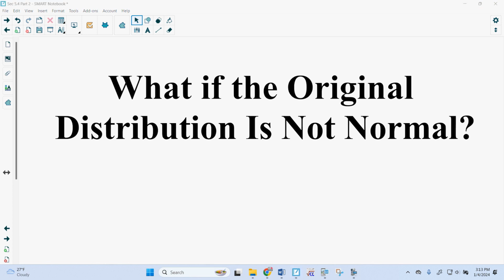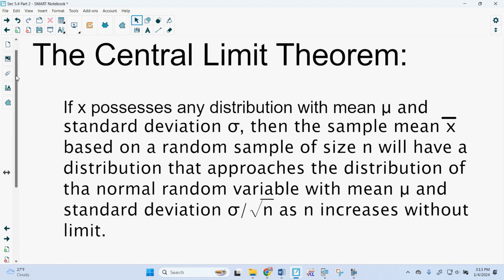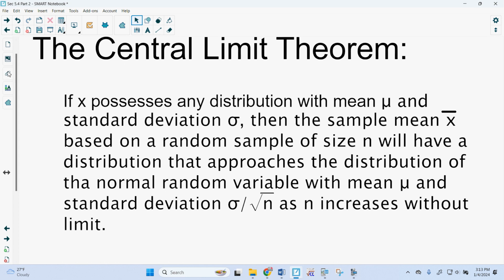And this is where our central limit theorem comes in. So here is what the central limit theorem tells us. If x possesses any distribution, so if we have any distribution, skewed, uniform, something crazy, with a mean and a standard deviation, the sample mean x bar, based on a random sample of size n, will have a sampling distribution that is normal with the same mean and the same sigma divided by square root of n.